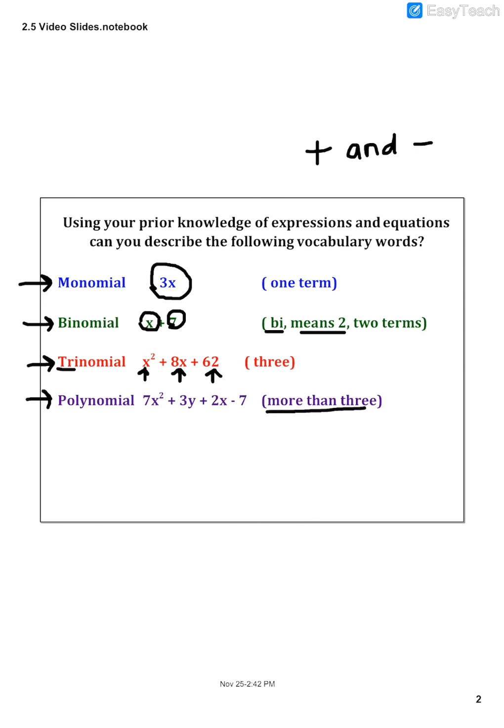It would be anything that's more than 3. So in this case, 7x squared is one term, 3y is the second term, the third term is 2x, and then we have a 7 at the end. So again, terms are separated by pluses and minuses.